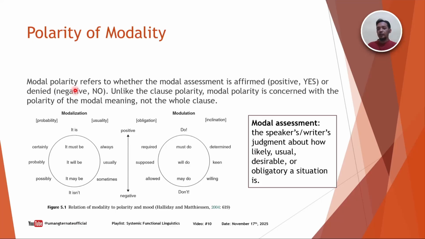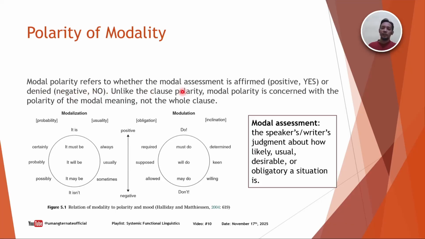So modal polarity refers to whether the modal assessment, the speaker's or writer's judgment about how likely, usual, desirable, or obligatory a situation is, is affirmed, definitely yes or positive, or denied, definitely no or negative.